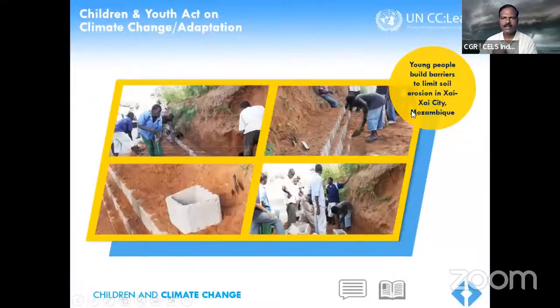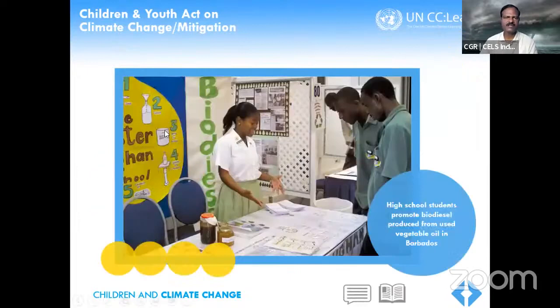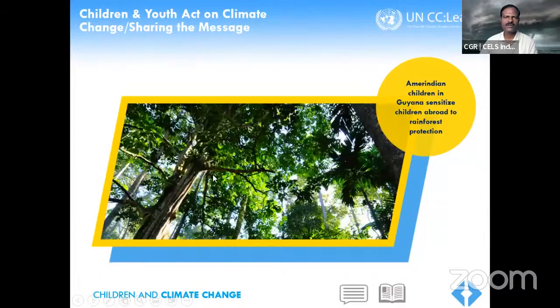And young people build barriers to limit soil erosion. So that's why in our programs we are training on soil testing, soil management, even watershed activities like that. Various things we are teaching, and even the science exhibitions, that's also a good way for them to get involved and understand the alternatives.